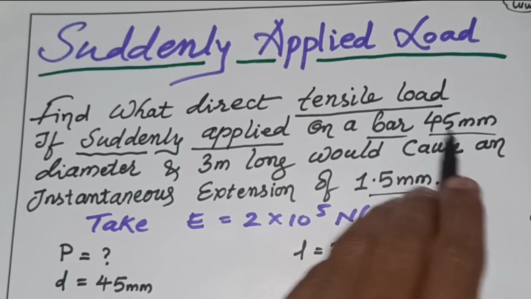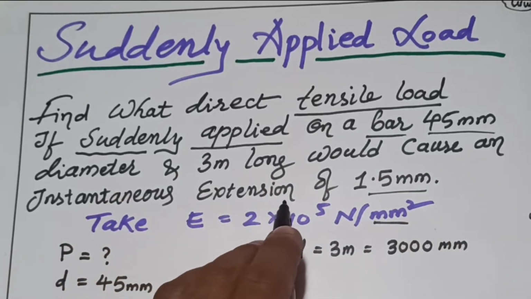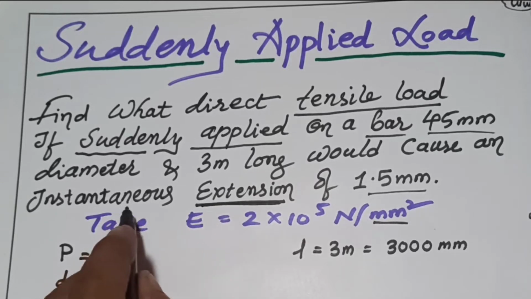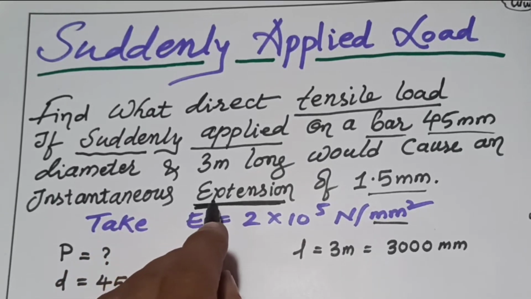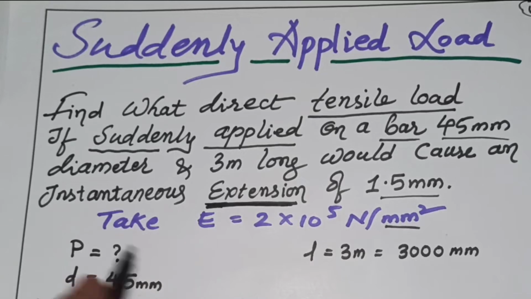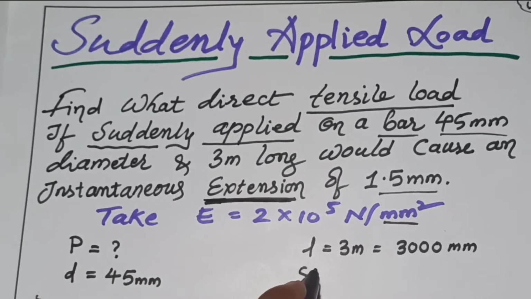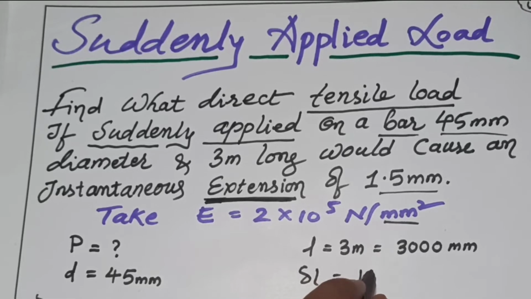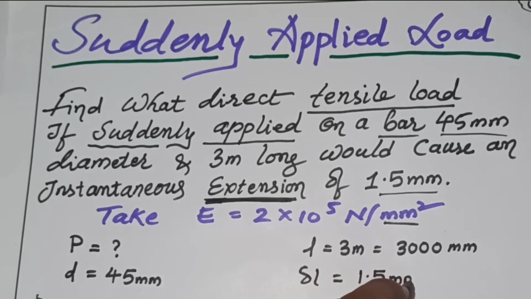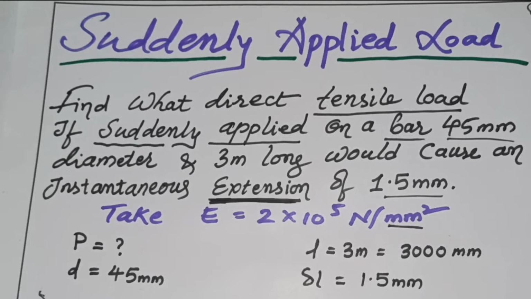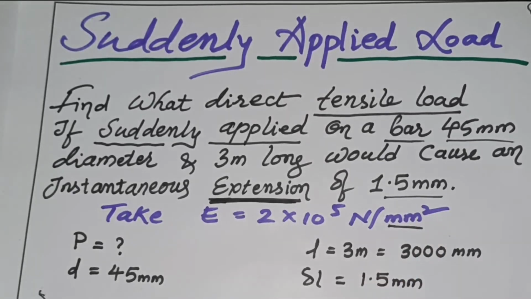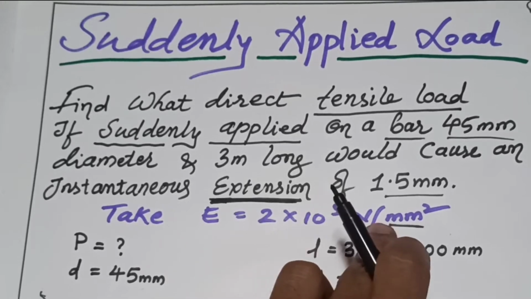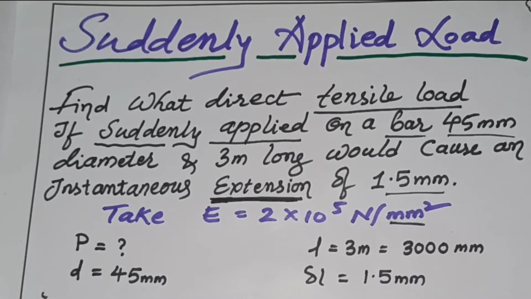It will cause an instantaneous extension, that is elongation, which will be delta L. The total extension is taken as delta L, that is 1.5 millimeter. Delta L is the change in length, so that is 1.5 as given, and Young's modulus is 2 into 10 power 5 Newton per millimeter square.